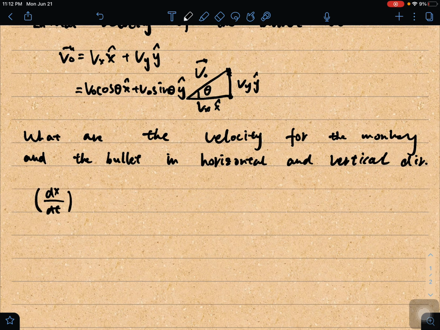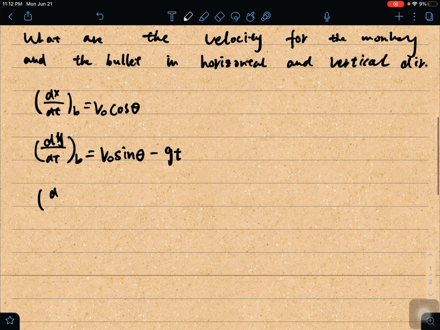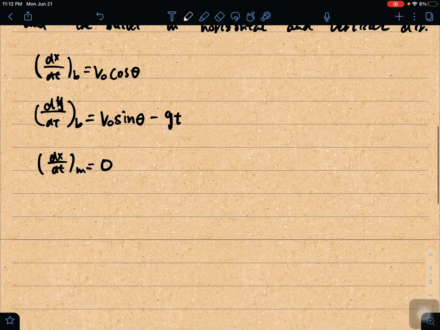For the bullet, in the horizontal direction it's just v0 cos theta. And for the y direction, the vertical direction, it's v0 sine theta minus gt. And for the monkey, the horizontal velocity is 0 because the monkey doesn't move in the horizontal direction. And for the vertical direction, the monkey's velocity is just equal to minus gt.